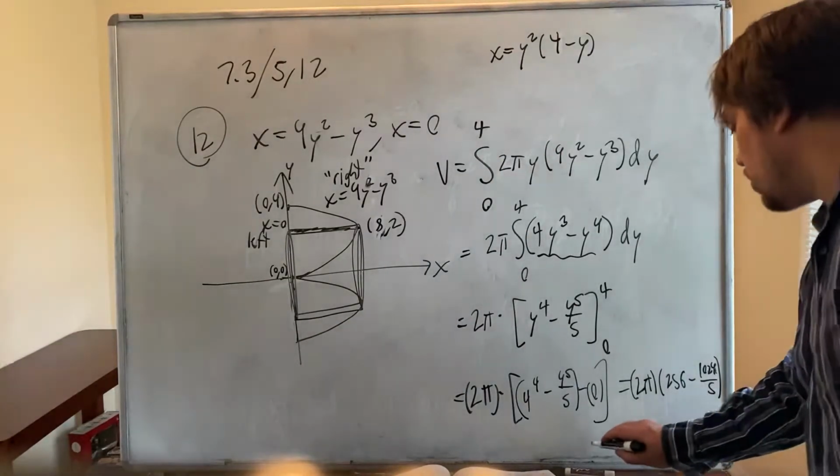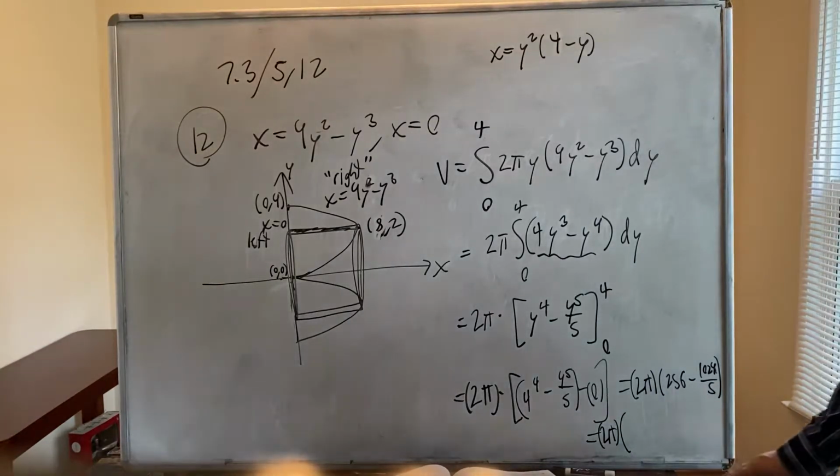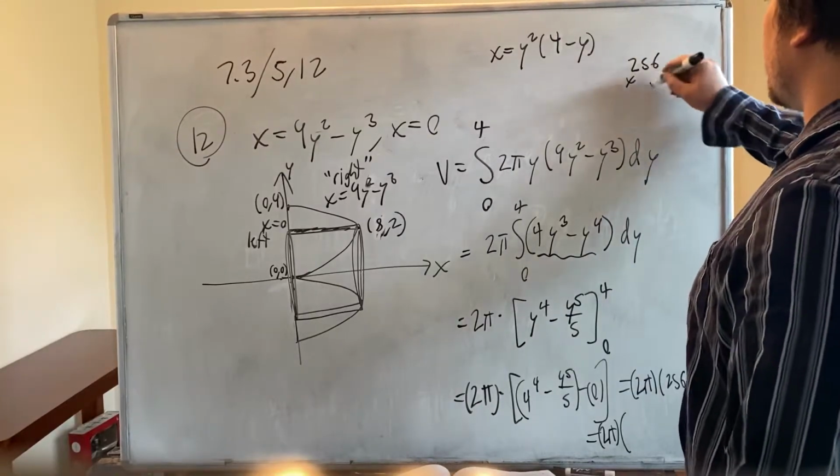So this is equal to 2 pi times, 5 times 256 is 1,280. Let me just check that.